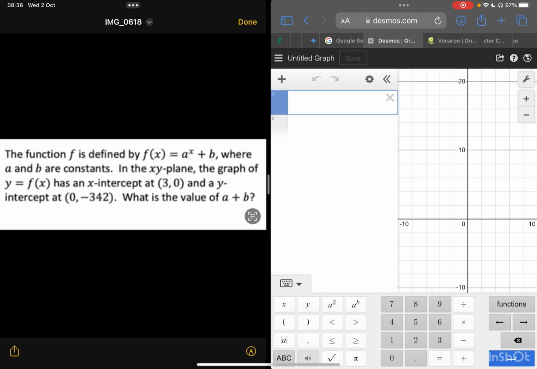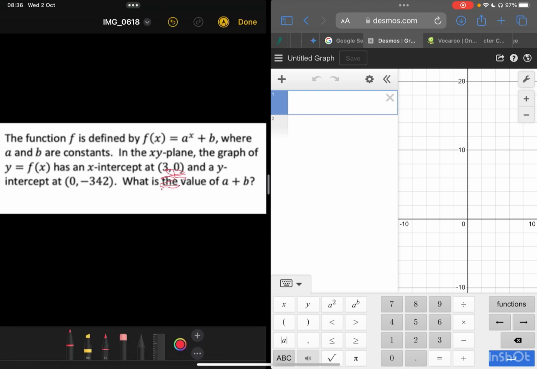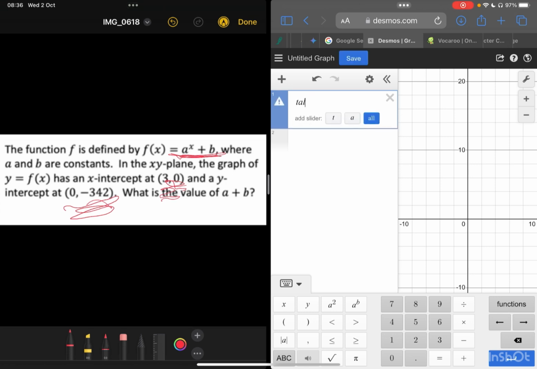So first, you can use the Desmos calculator to create a table, like this. For x1 we have 3, y1 we have 0, and at x1 0, y1 negative 342.